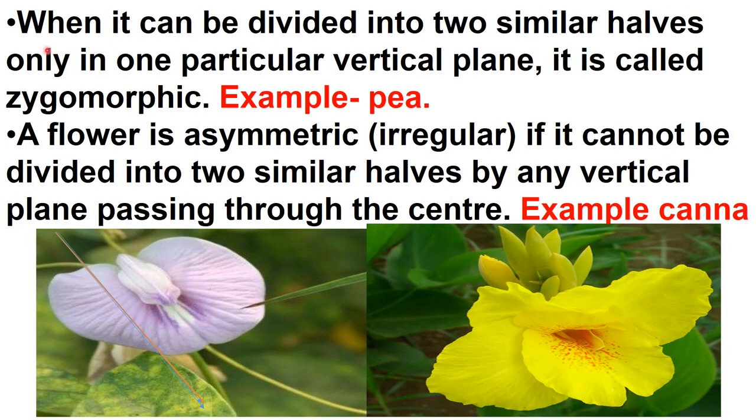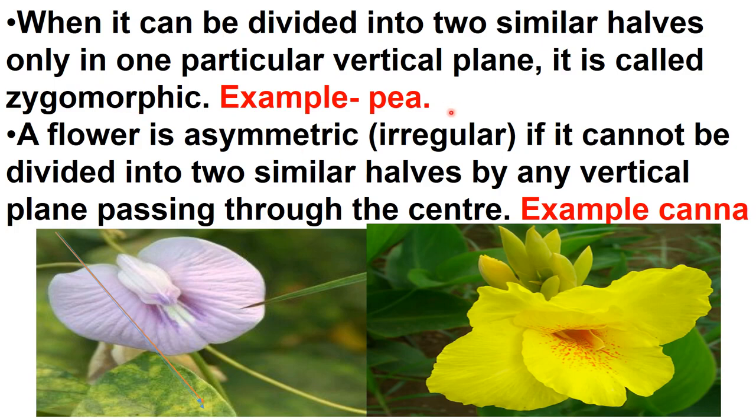Now when it can be divided into two similar halves only in one particular vertical plane, it is called zygomorphic. So what is zygomorphic flower? When a flower can be divided into two equal halves by only one particular plane, such flowers are called zygomorphic flowers.